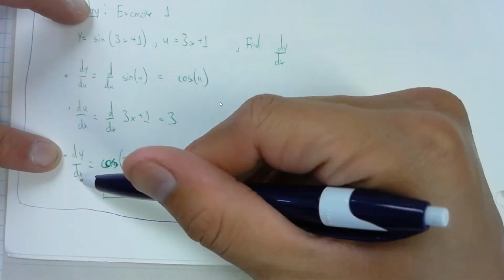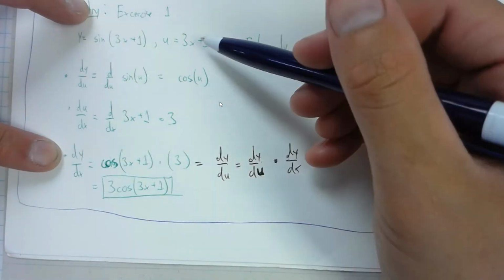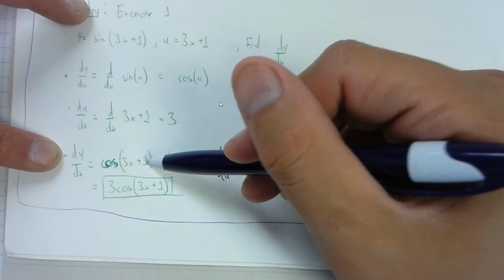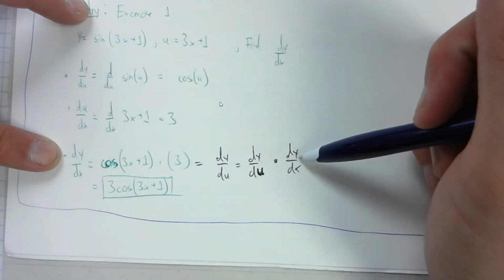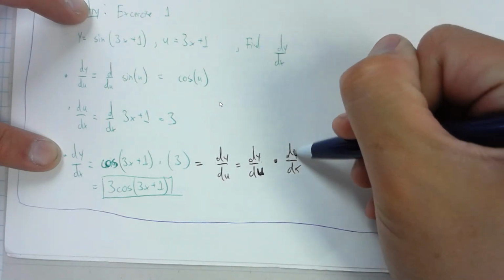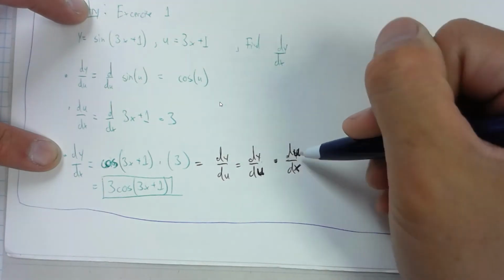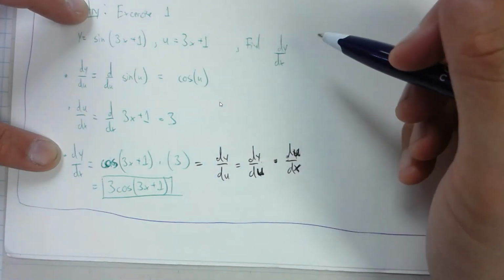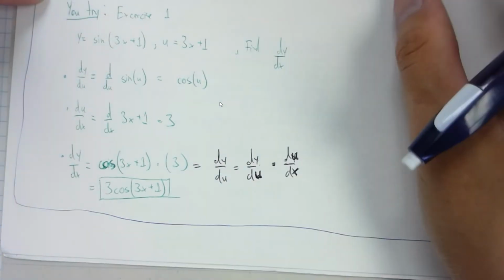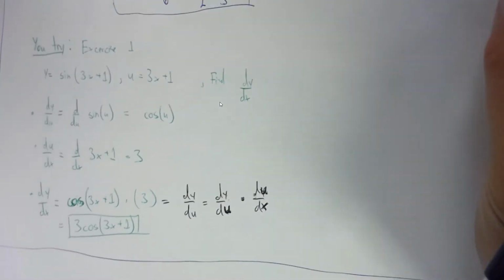Everything has to be in terms of x, so I substitute 3x plus 1 back in where u was. I multiply it by du over dx, du with respect to x, which is equal to 3. So that's pretty complicated, but take a minute to study over that. I'm going to move on to the next slide.